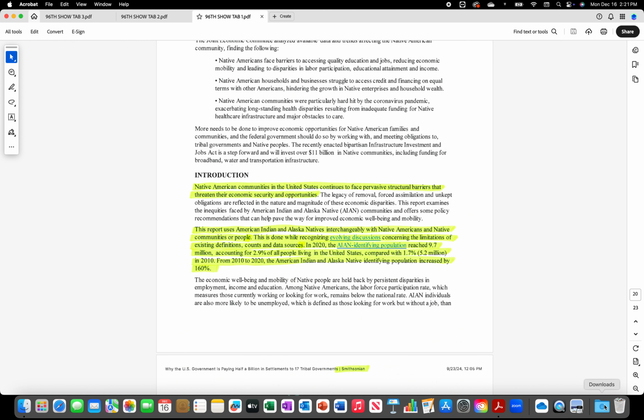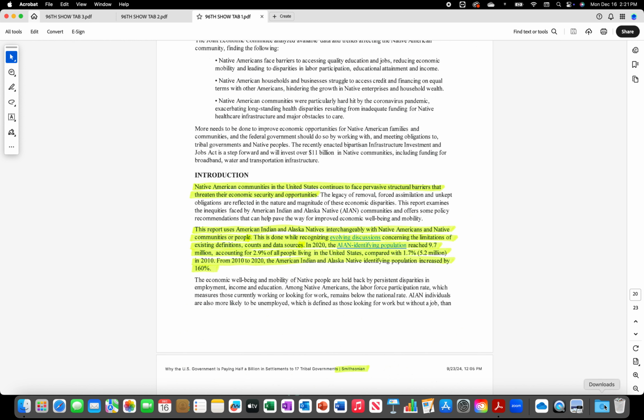In 2020, the AIAN identifying population reached 9.7 million, accounting for 2.9% of all people living in the United States, compared with 5.2 million in 2010. From 2010 to 2020, the American Indian and Alaska Native identifying population increased by 160%.